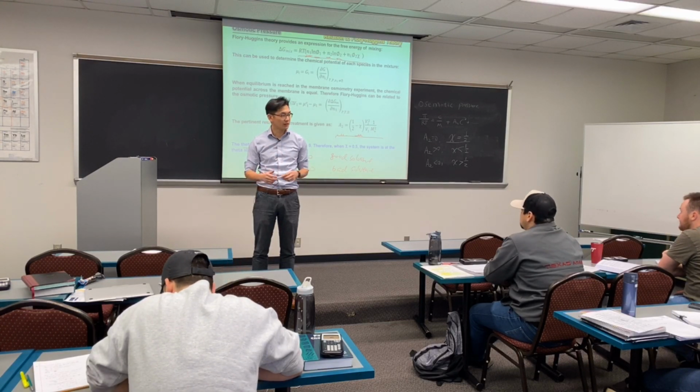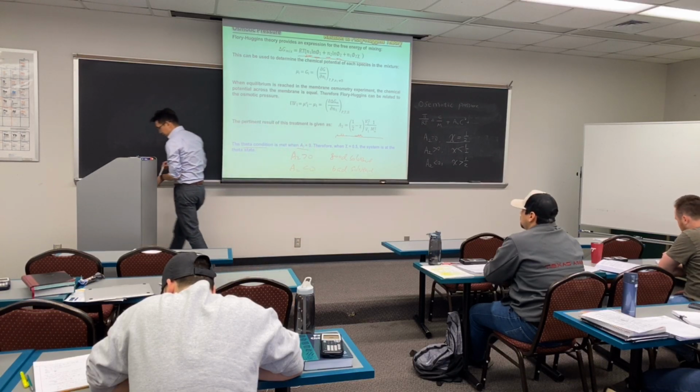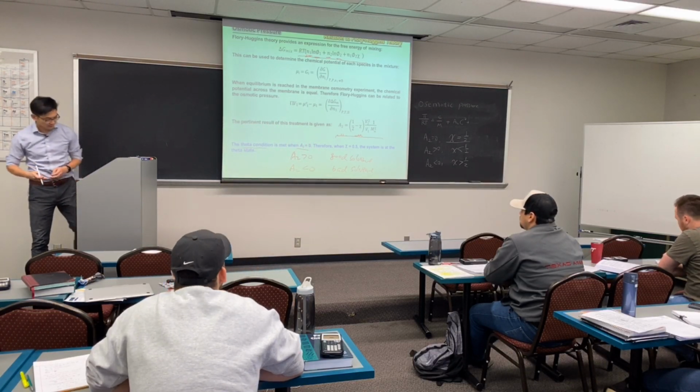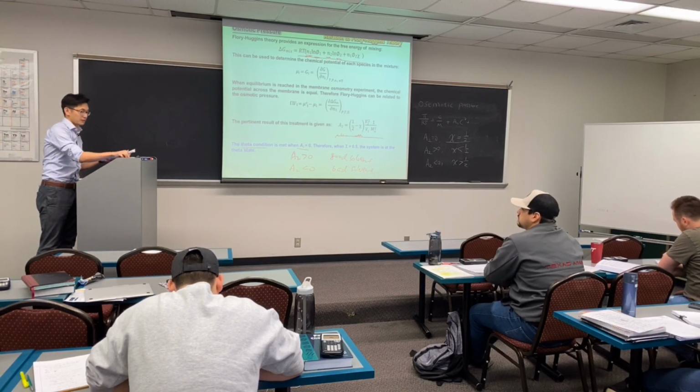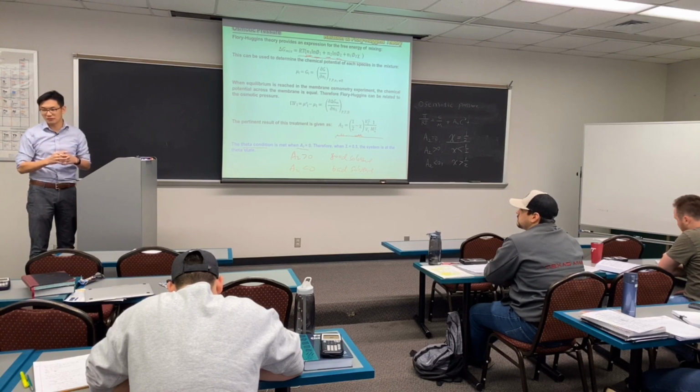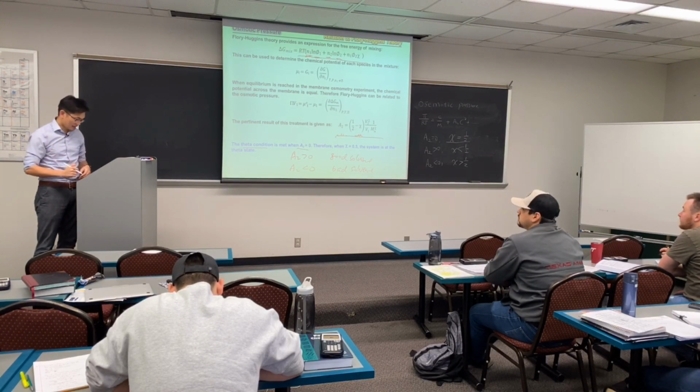Make sense? So if chi is bigger than 0.5, that means it's a really large unfavorable interaction. If chi is much smaller than that, that's usually good.